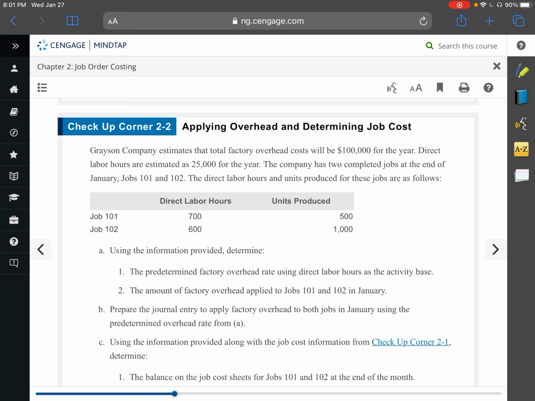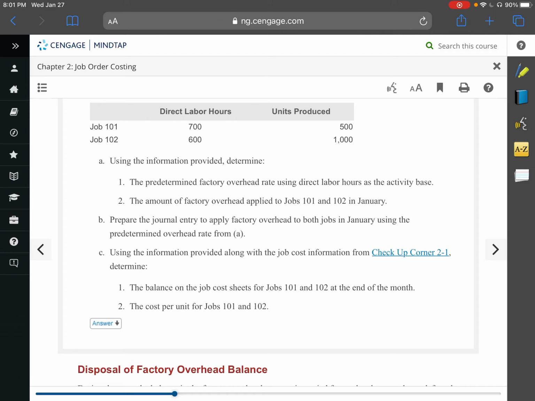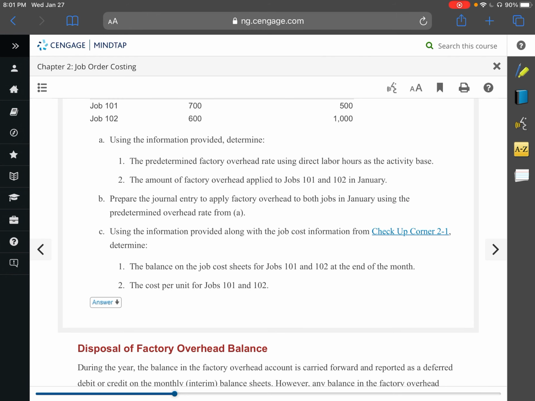Using the information, they want us to determine the predetermined factory overhead rate using direct labor hours as the activity base. Secondly, the amount of factory overhead applied to those jobs in January. Part B, prepare the journal entry to apply factory overhead to both jobs. Then C, using the information provided, determine the balance on the job cost sheets and the cost per unit for jobs 101 and 102.